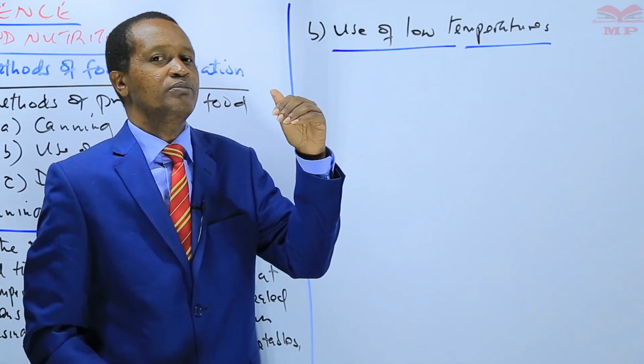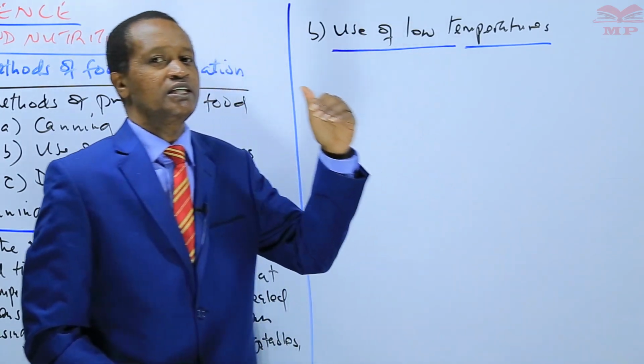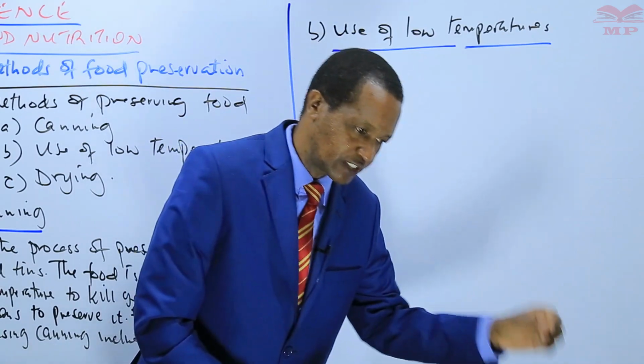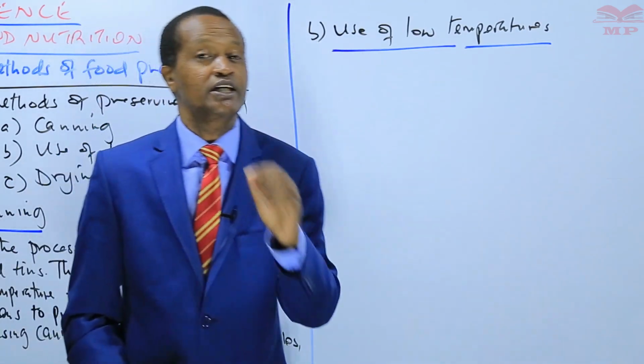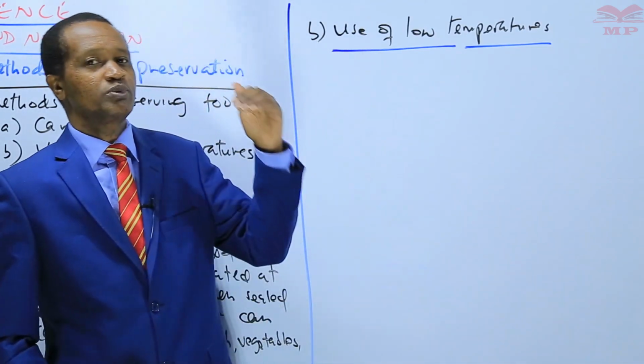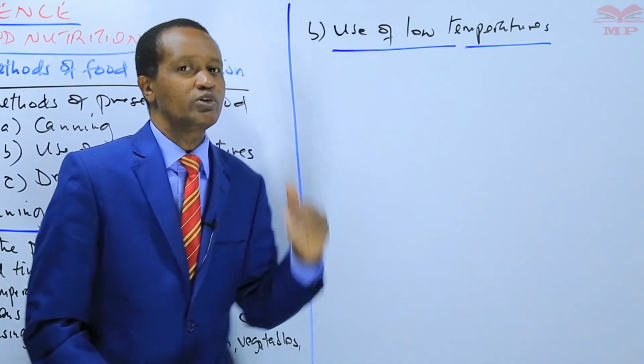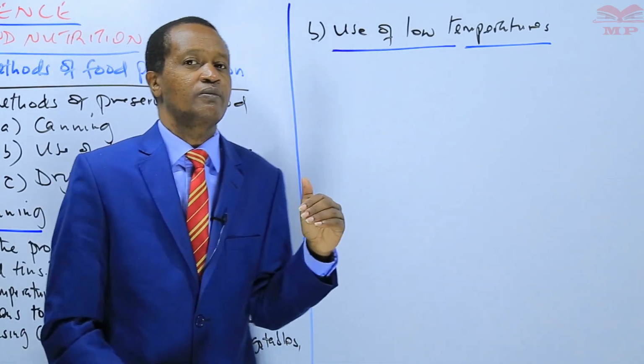And the germs that make food go bad, learners, are not active under low temperatures because germs are animals. So when they are exposed to extremely low temperatures, then they cannot survive.